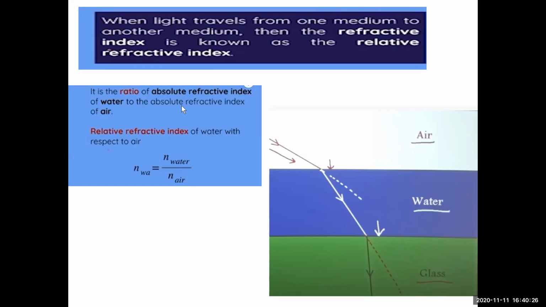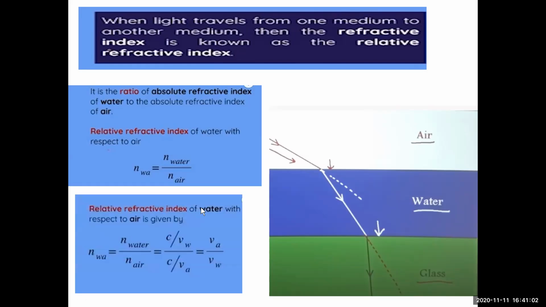These n's are absolute refractive indexes, whereas this n_WA is the relative refractive index. When compared to water and the glass, we calculate n glass by n water for the relative refractive index of the glass. n water by n glass will be the relative refractive index of the water, isn't it? We call it the relative refractive index of the water with respect to the air.